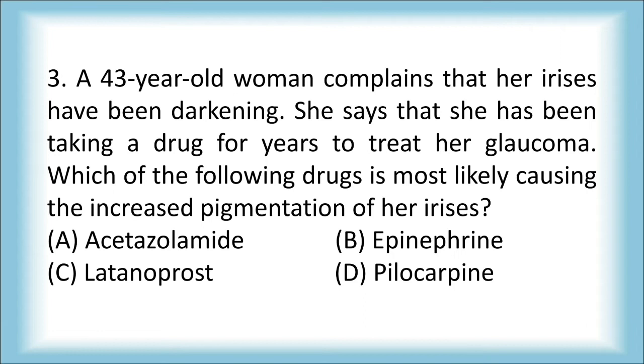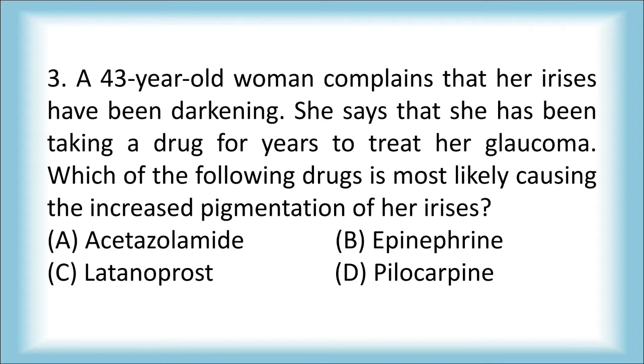Okay, so here the question is, a 43-year-old woman is taking a drug for treating her glaucoma, and which of the following drugs given in the options is most likely causing the increased pigmentation of her iris? Now glaucoma is a disease characterized by increased intraocular pressure.